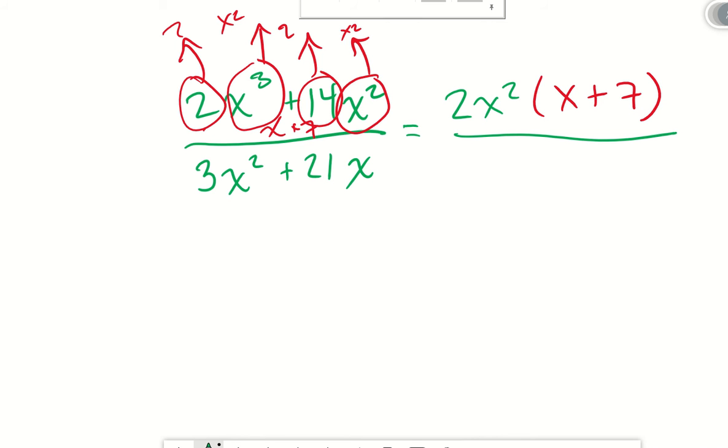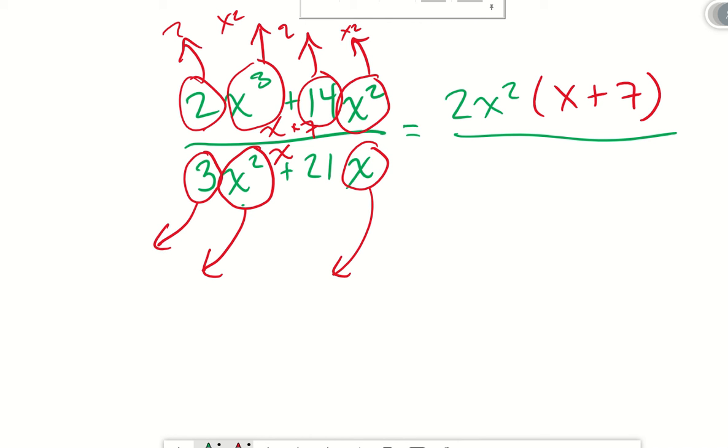And then on the bottom, we will be able to factor out, let's see, both terms have an x in them. So we can pull the x out. This one will leave me with just x. And then both terms have a multiple of 3 in them, right?